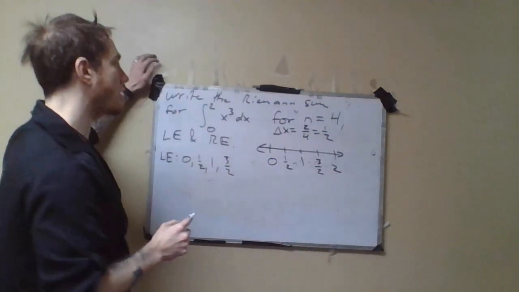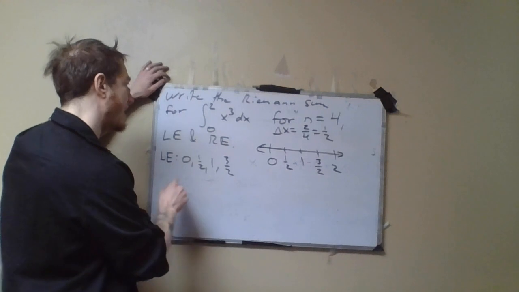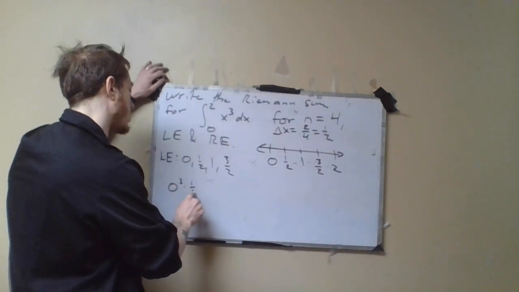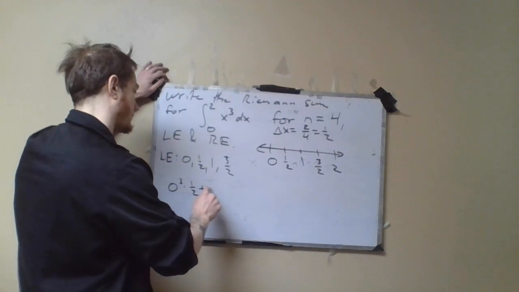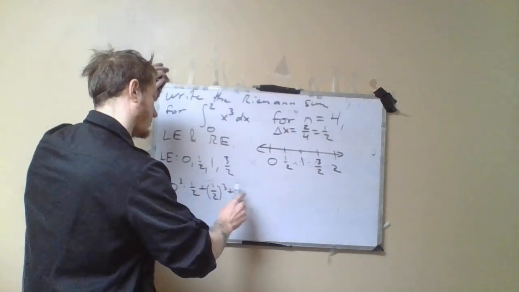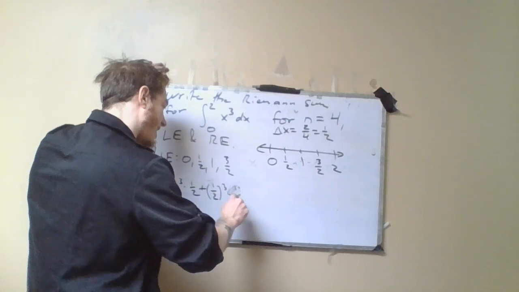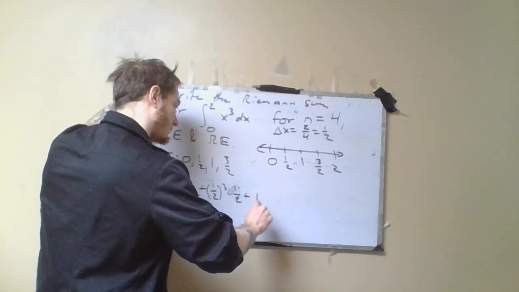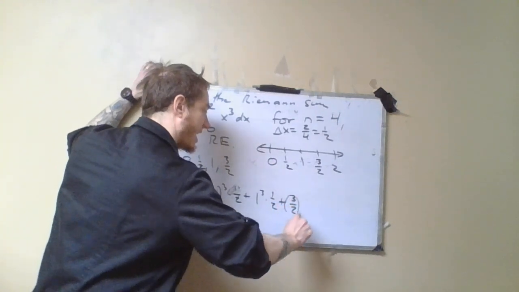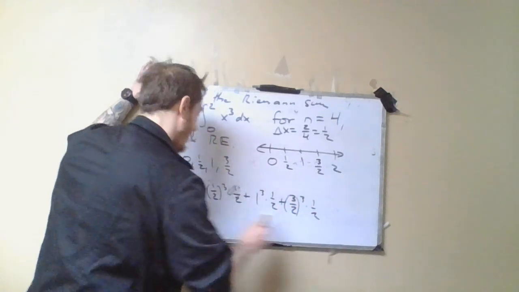So the Riemann sum for n equals 4 and left endpoints is going to be 0 cubed times 1 half plus 1 half cubed times 1 half plus 1 cubed times 1 half plus 3 halves cubed times 1 half.